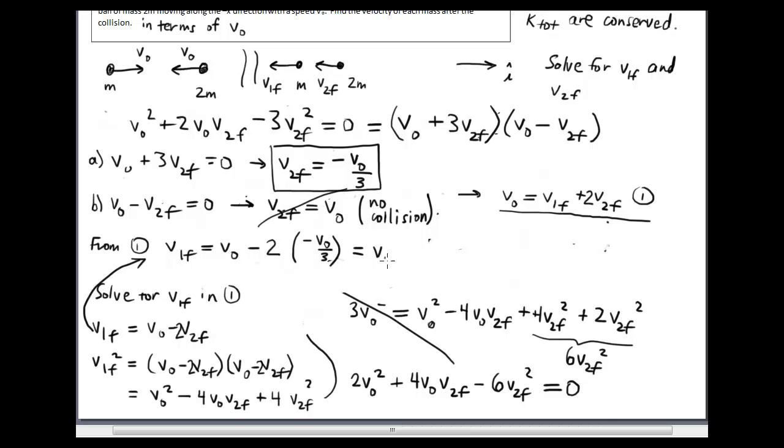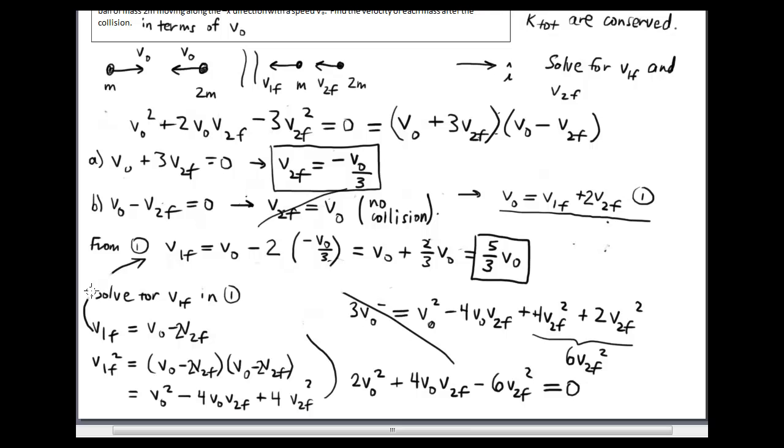So this becomes v0 plus 2/3 v0, which is just, what is that, 5/3 v0. Right, 5/3 v0.